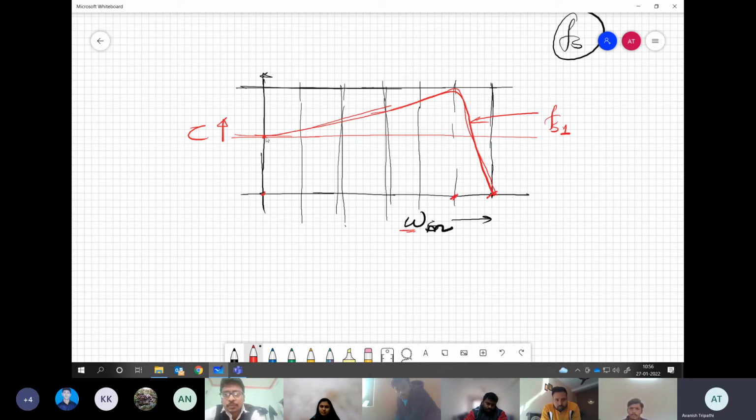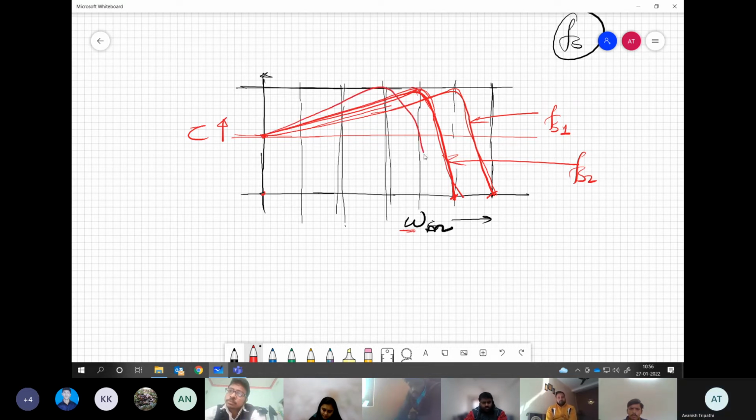So what will happen? Again, a new characteristic, which is the same characteristic, only now restricted to this new synchronous speed, Fs2. Starting torque is not changed. The maximum torque is not changed. One more will be like this.